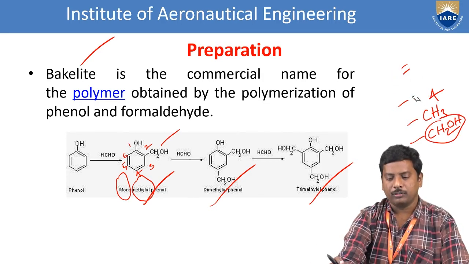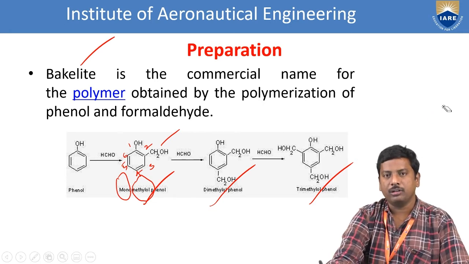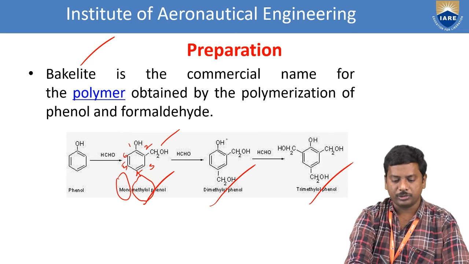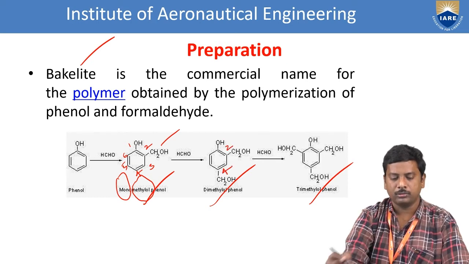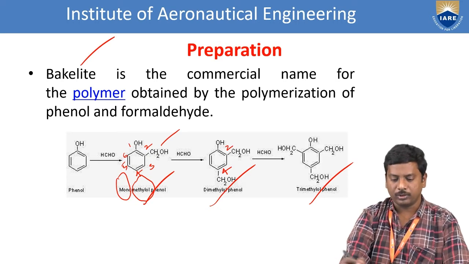And what is the possibility of the second one? That is dimethylol phenol. In this case it is substituted at the second and fourth positions. Because of the presence of two methylol groups, this is called dimethylol phenol. And what is the third possible compound?